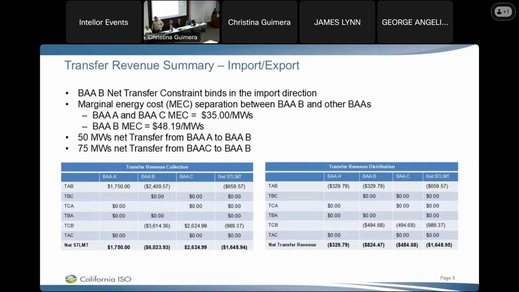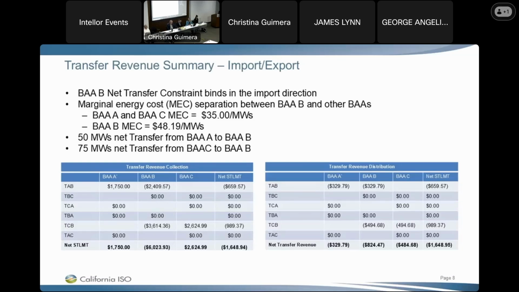Yeah, I didn't want it to cloud the congestion revenue discussion with transfer revenue discussion. So, as I said previously, BAB's net transfer constraint was binding in the import direction. What it meant was that BAB had to dispatch higher priced resources within its balancing authority area because it couldn't get the cheaper resource from external.